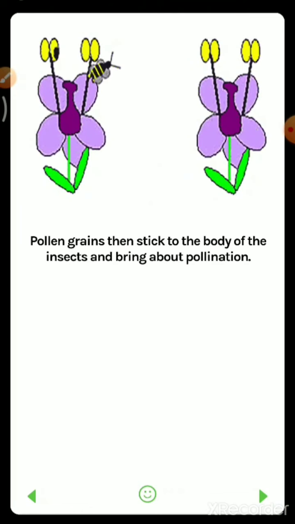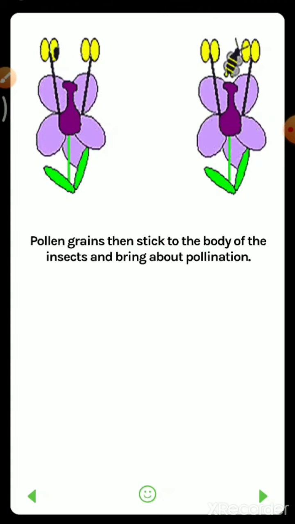We are reading the pollination by insects. So what happens here? The insects are searching for their food. Okay, so they suck the nectar from one flower and they go to another flower for collecting more nectar.